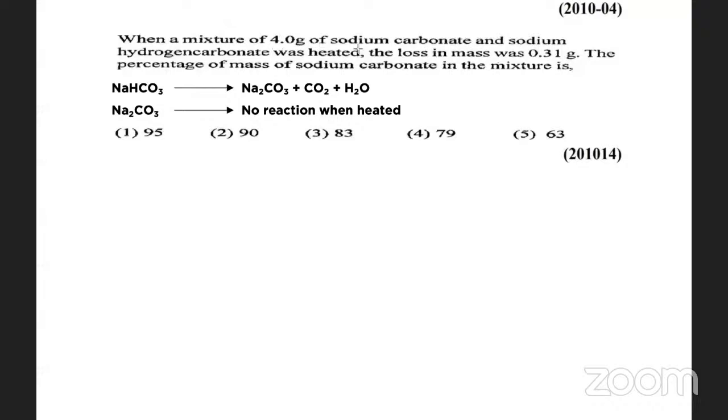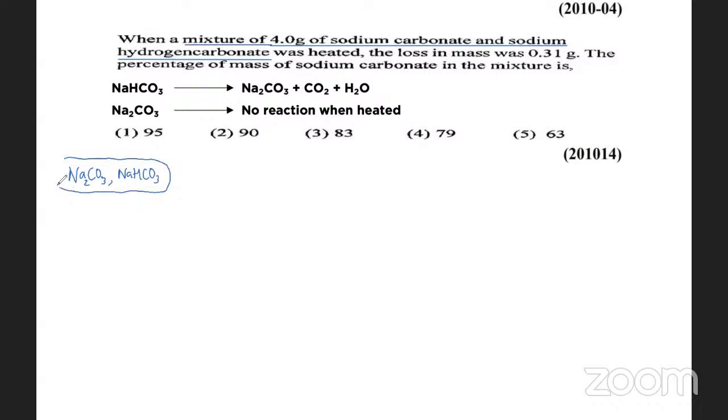So a 4 gram sample of sodium carbonate and sodium hydrogen carbonate. Mixture of 4 grams. Right. So they have given you the total mass of the mixture. If you have the mixture, sodium carbonate and sodium bicarbonate are there, only those two are there.